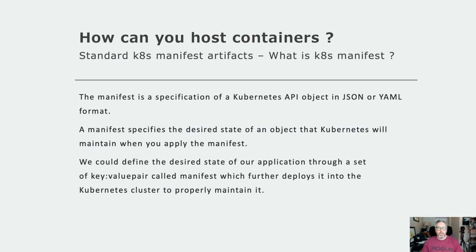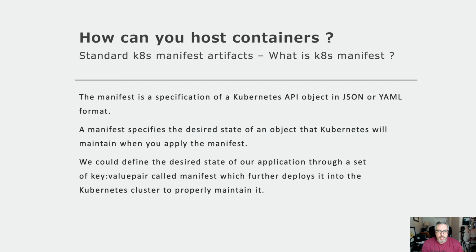So how are we gonna deploy our container images on Kubernetes? We have two different ways. The first, but the most basic one, is to write a standard Kubernetes manifest. The manifest is a specification of a Kubernetes API object in JSON or YAML format. A manifest specifies the desired state of an object that Kubernetes will maintain when you apply the manifest.